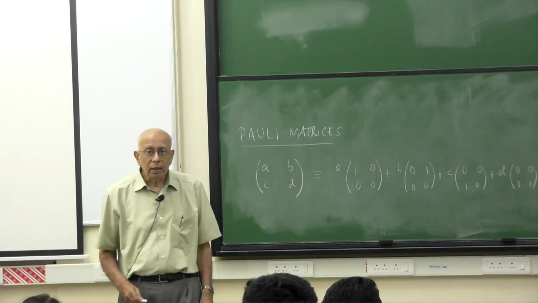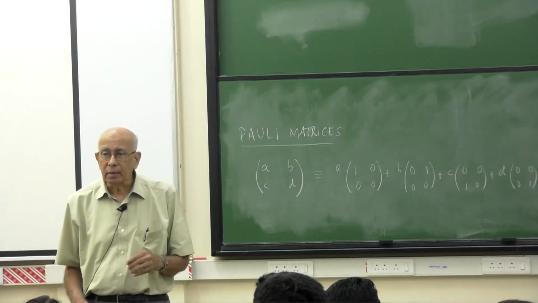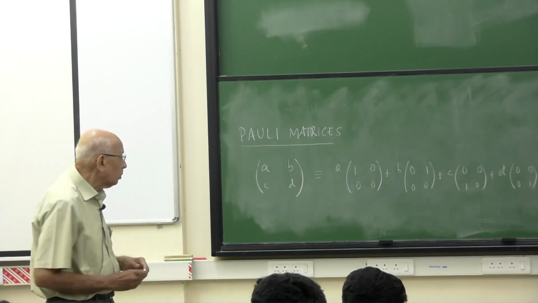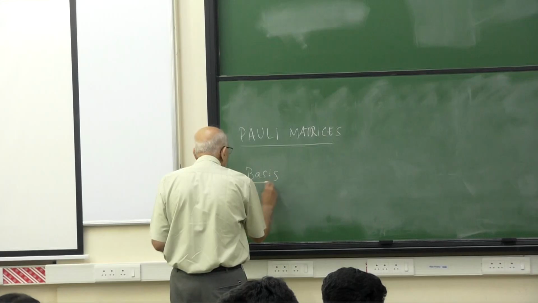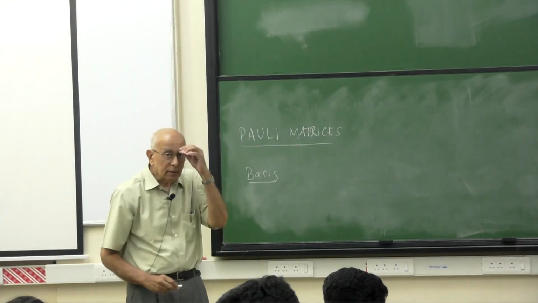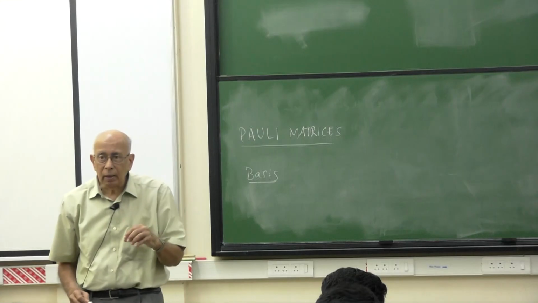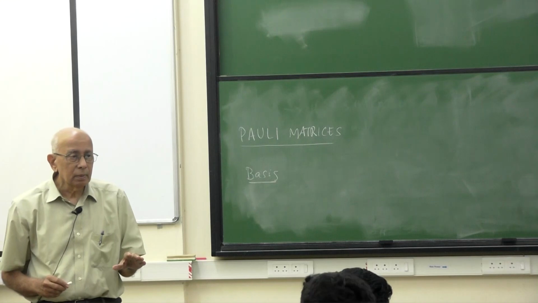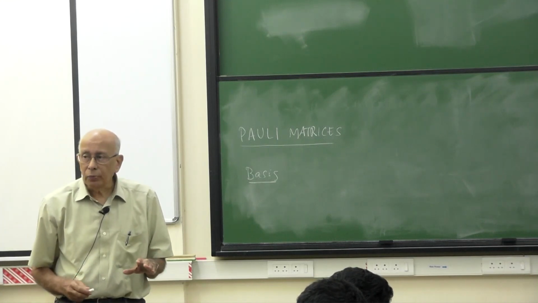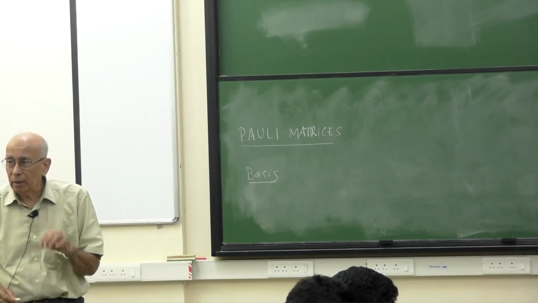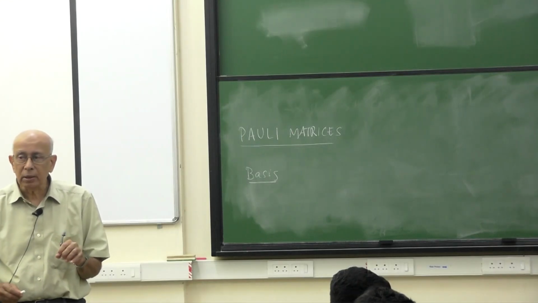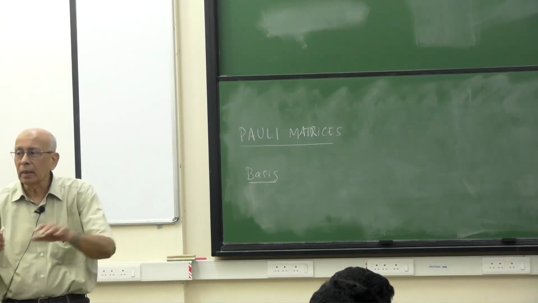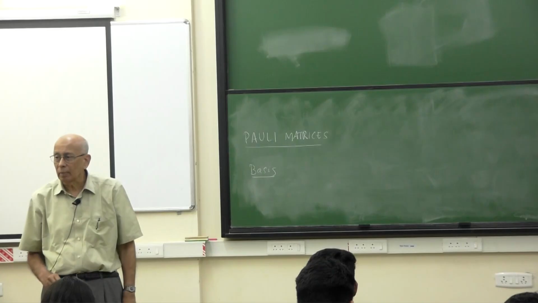Now, clearly, are you familiar with the concept of a basis in a linear space? That's the first thing that should have been told to you. A basis or a basis set in a linear space is a set of elements in terms of which you can expand any element as a linear combination. So, if you have a set of elements in a linear space which are special, such that you can take an arbitrary element of this linear space and expand it in a linear combination of this set of elements.